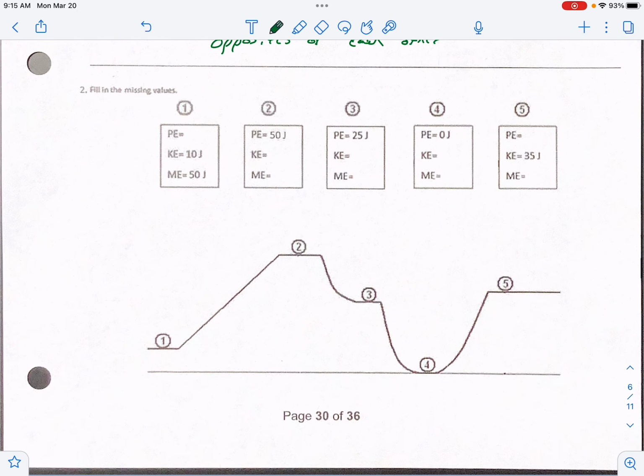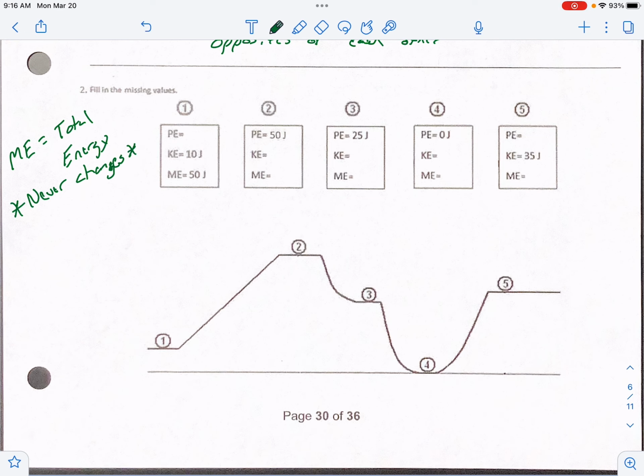We're actually going to use numerical values now. One thing you need to know here is mechanical energy. Mechanical energy is your total energy, and it never changes, because remember, conservation of energy. Conservation means to conserve.